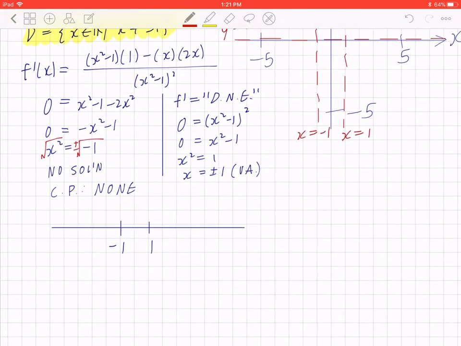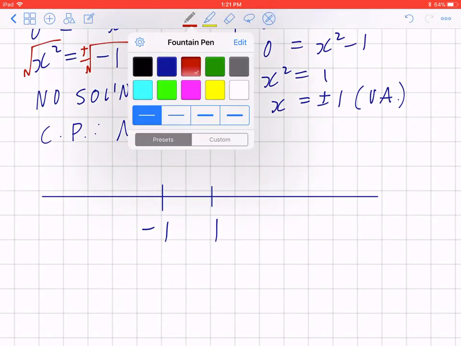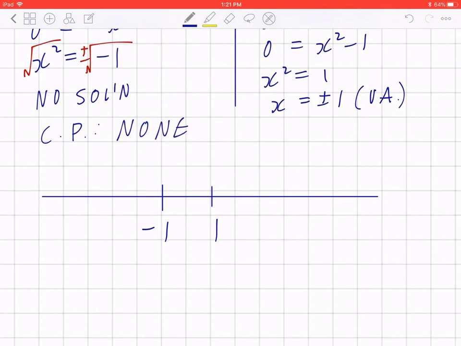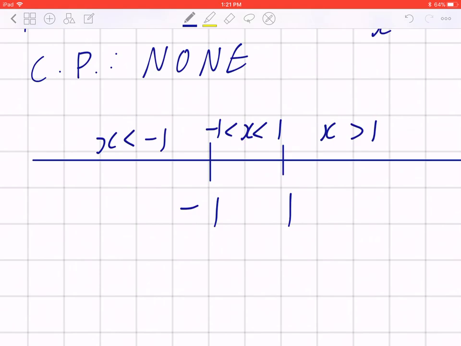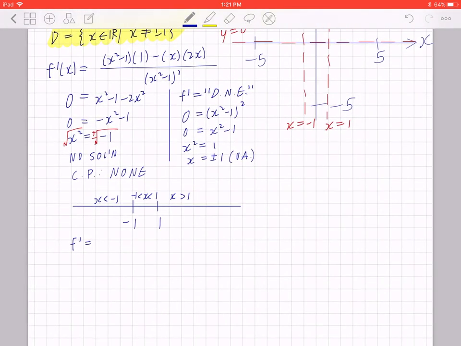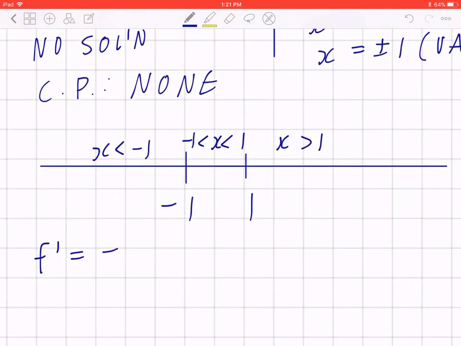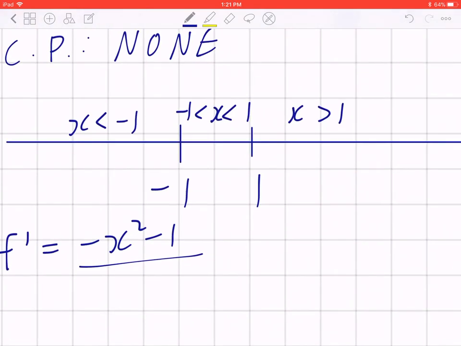We're now reconnected. This part I'll leave to you. It's really important that you try some of this with me. You can figure out what happens when x is less than −1, when it's between −1 and 1, and when it's greater than 1. Press pause. You can plug it back into f prime. In this case, f prime is −(x² + 1) divided by (x² − 1) quantity squared.